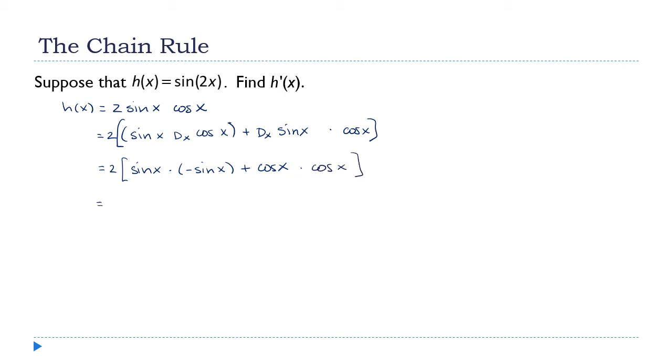This is 2 times minus sine squared plus cosine squared. And I remember we flipped these around. This is 2 times cosine squared minus sine squared, which is 2 cosine 2x.